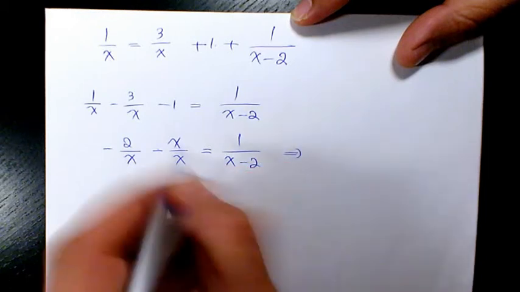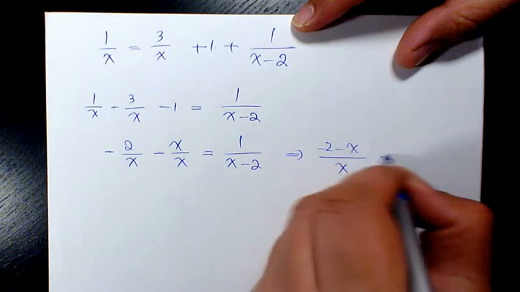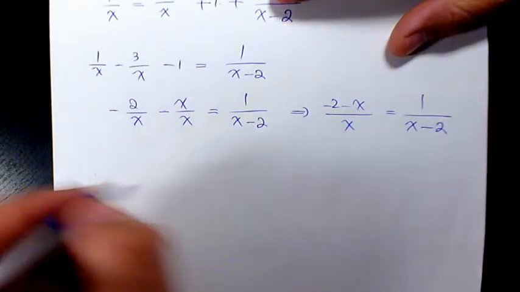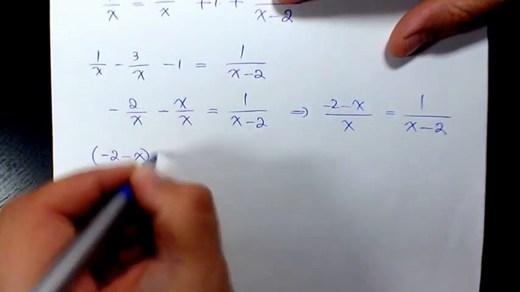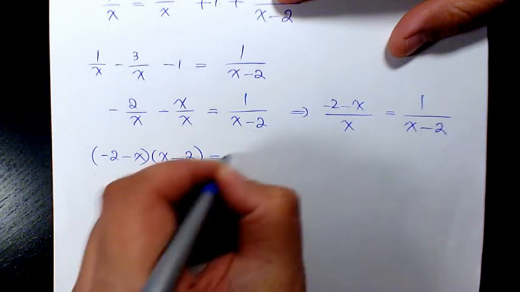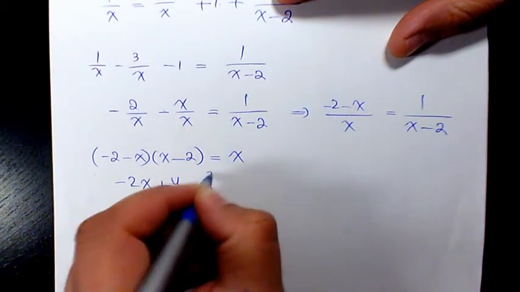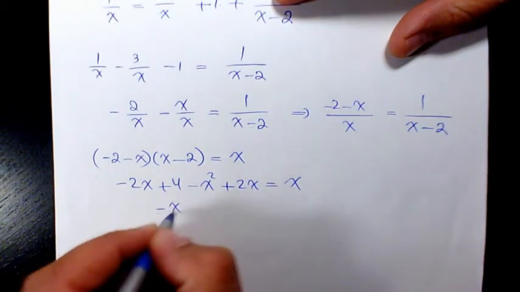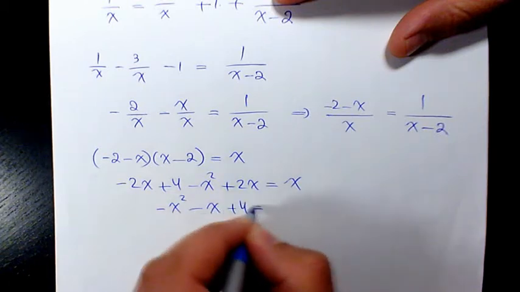Right-hand side remains the same, so we have negative 2 over x equals 1 over x minus 2. Now we have cross multiplication: negative 2 times (x minus 2) equals x. So we have negative 2x plus 4 equals x. So we have negative x squared, these two cancel out, negative x plus 4 equals 0.